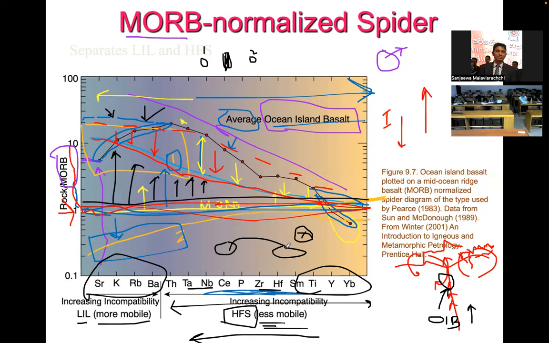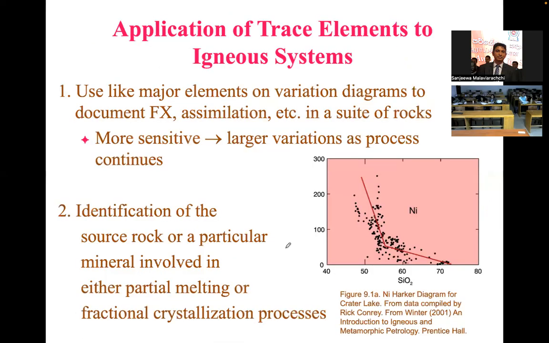Okay, no questions? Okay, right. So we'll go ahead. Then we'll see some of the applications. I think I explained this also last week, because of the sensitivity of these rare earth elements or trace elements we use in geochemistry, since we can see larger variations, right?